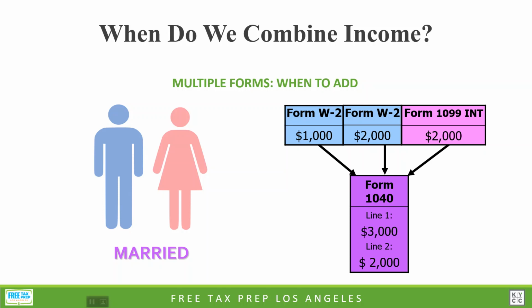Well, when you enter these income amounts into the software, it will combine the amounts and transfer them to the Form 1040, which is the tax return, and it will give a description on where these amounts are reported. For example, line 1 for W-2s and line 2 for 1099 interest.